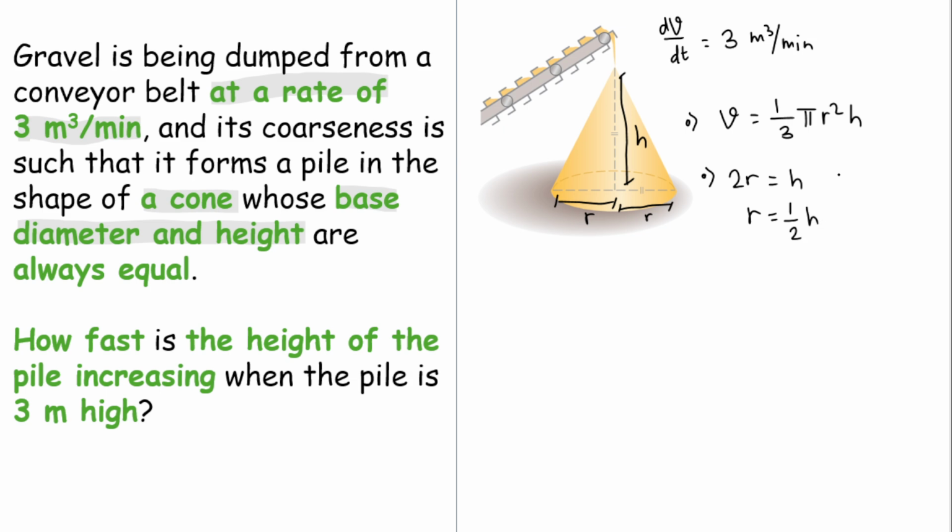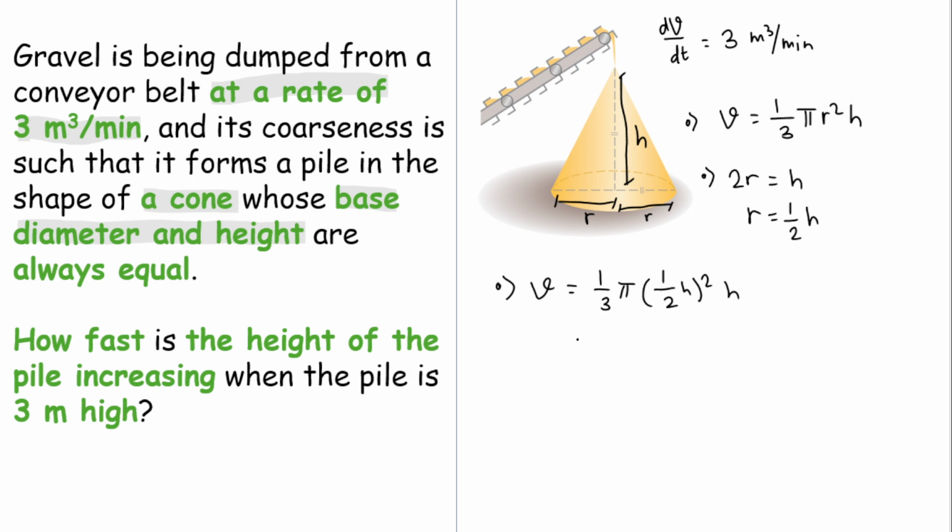Okay, and then we can substitute this radius into this formula here. So we will have V equal to 1/3 multiplied by pi, and then r squared, so we'll have 1/2 h squared, and then multiplied by h.